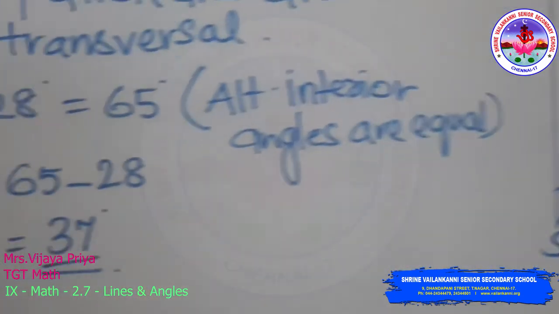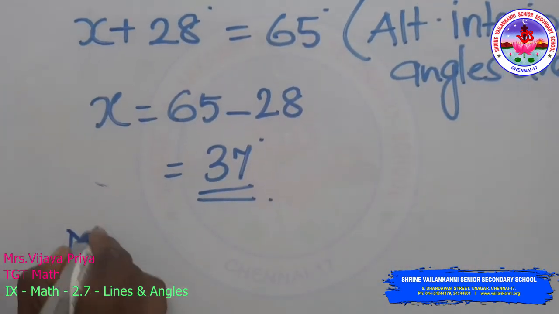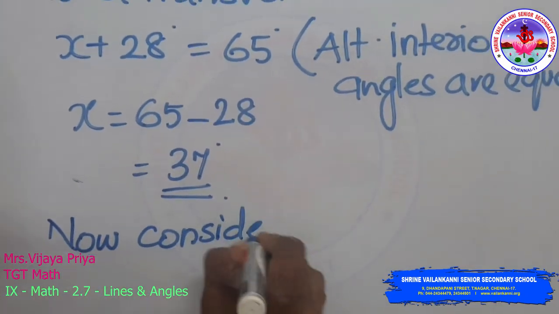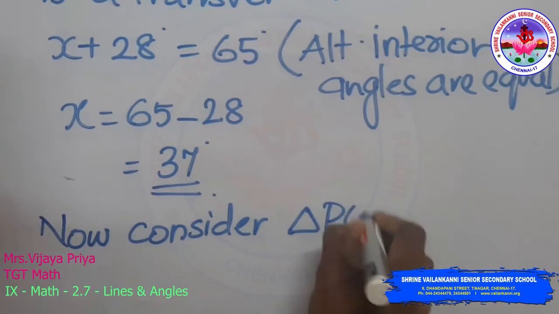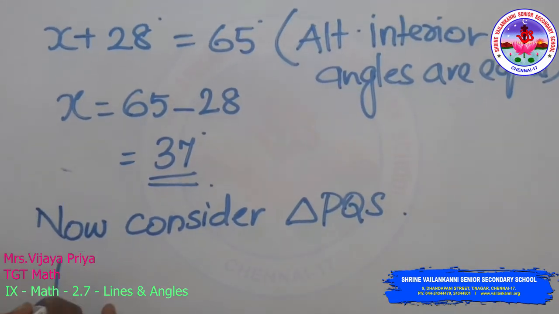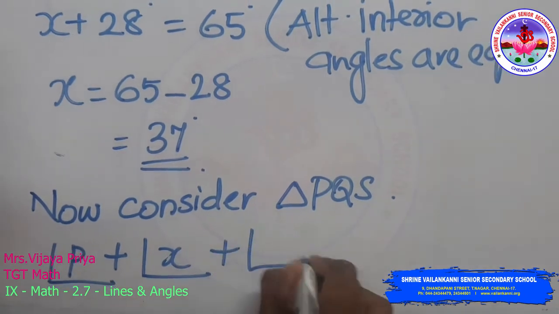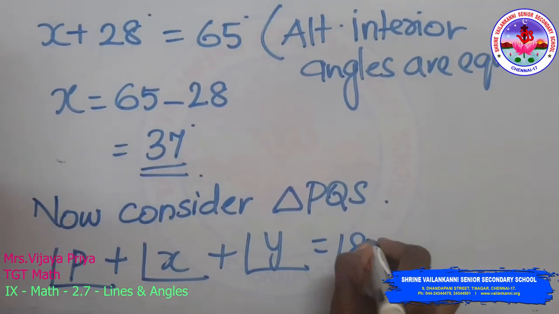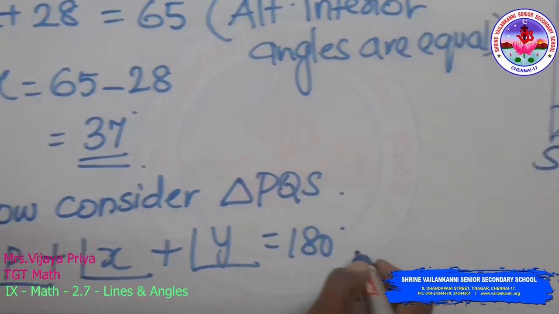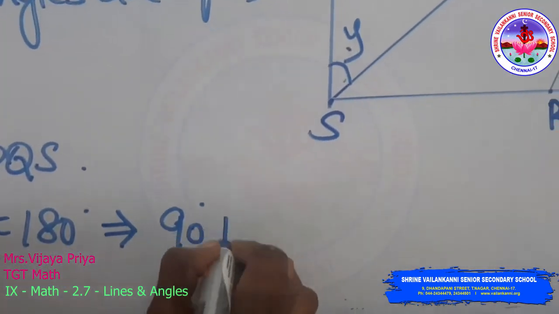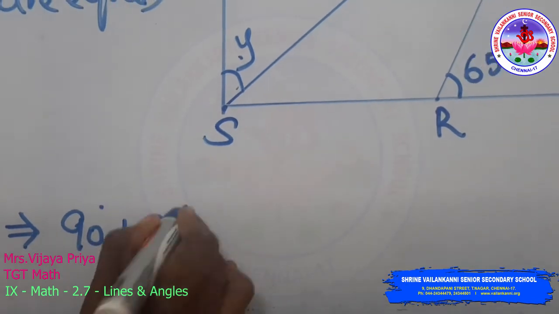So coming to the problem, now consider triangle PQS. So angle P plus angle X plus angle Y is equal to 180 degrees. Angle sum property, where my angle P is 90 and angle X I got as 37 degrees.